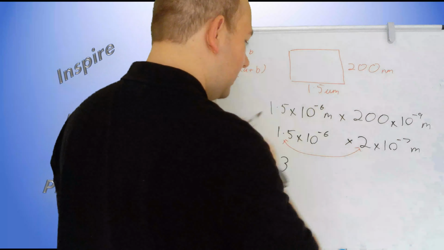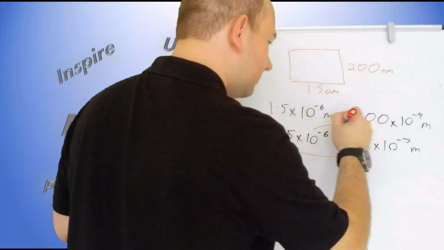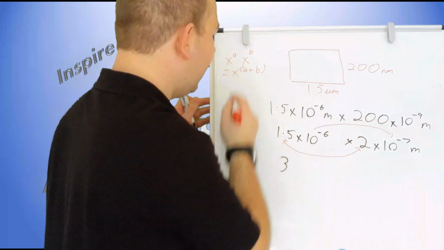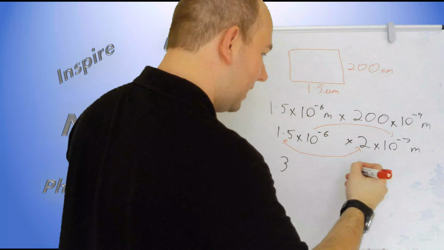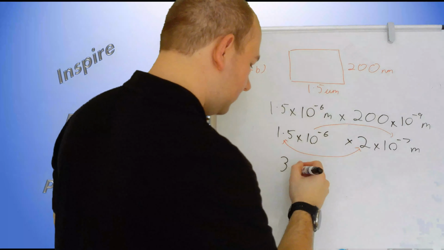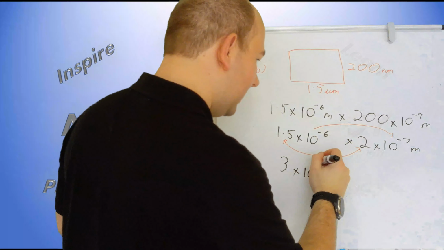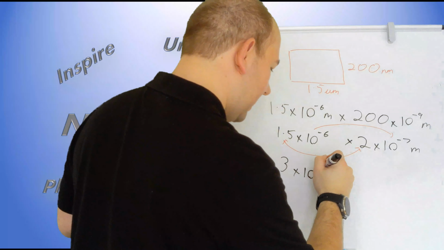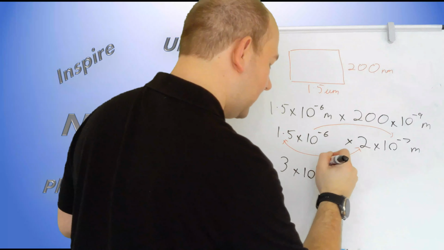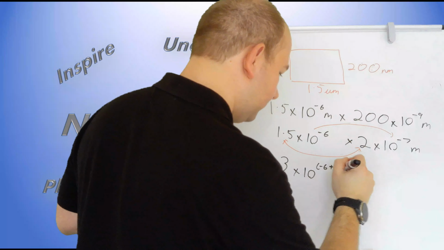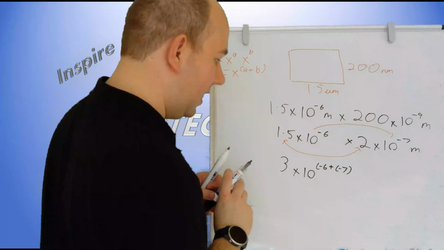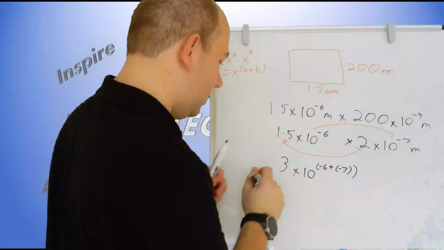So when we do these two together, x is our 10, so we're going to end up with times 10, and then in the brackets we're going to have minus 6 plus minus 7. So I'm just going to put that in extra brackets so we can do this bit of maths.